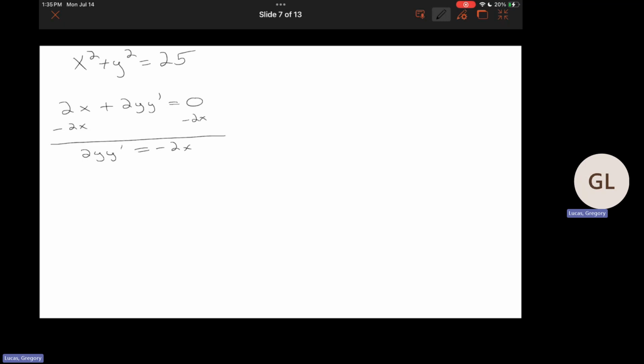Now I can solve for y prime. I can divide by 2y. So we now have our derivative of minus 2x divided by 2y, which those 2's would cancel out, and I have minus x over y, which would be my derivative.